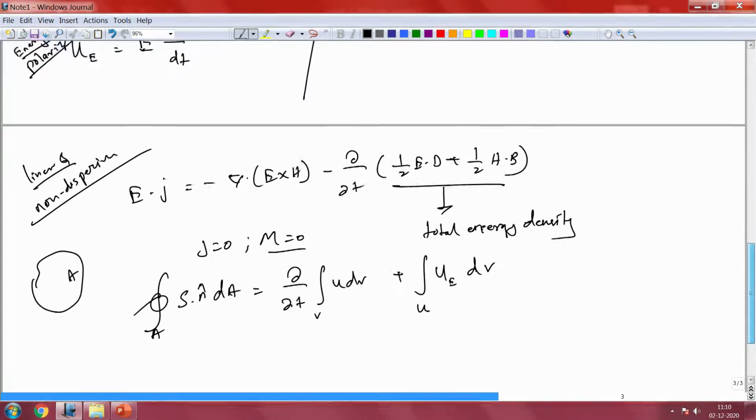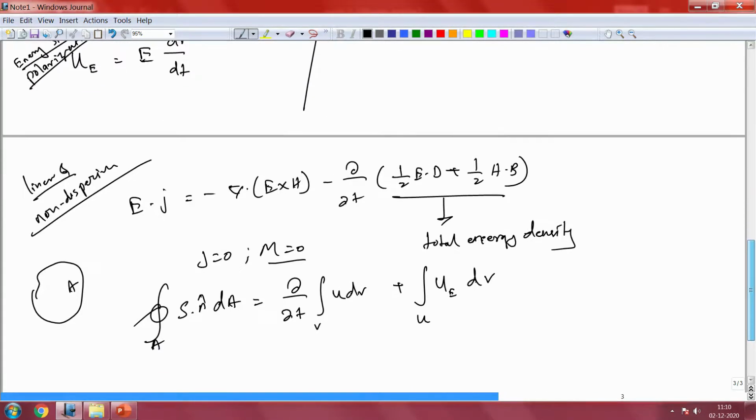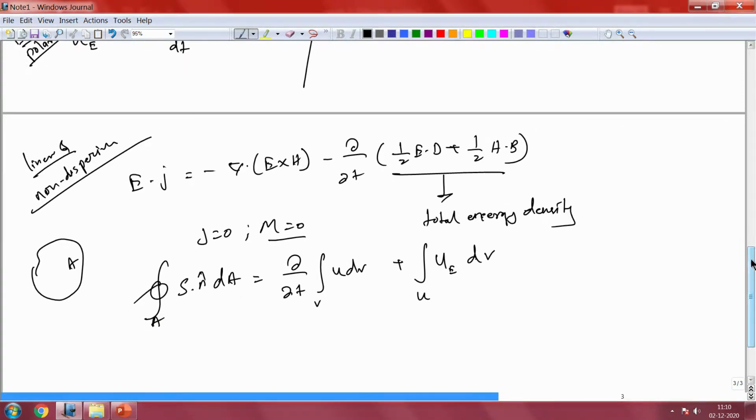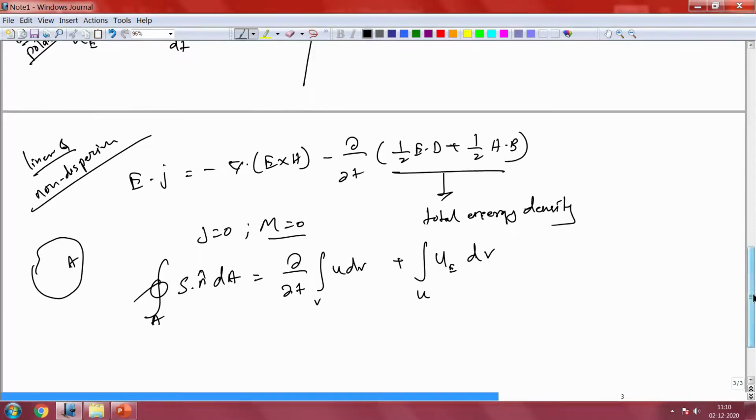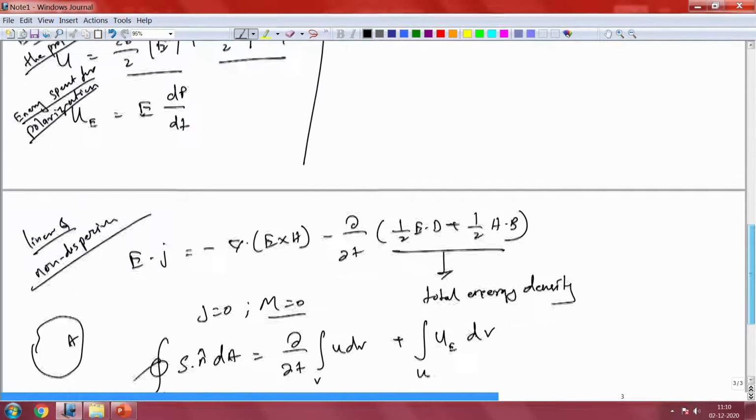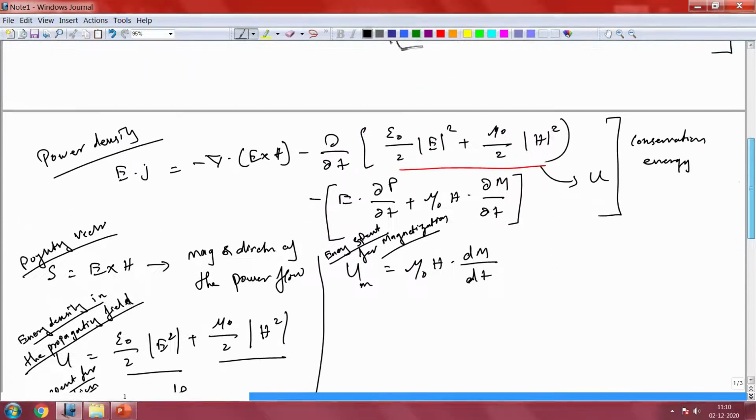So we are only looking at the electrical part alone here. So using this we could quickly find out how much energy we have in any closed space or in any volume that you are interested in. Okay. So it is just deduction from the general equation that we saw here.